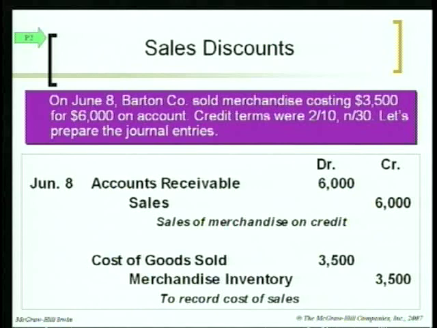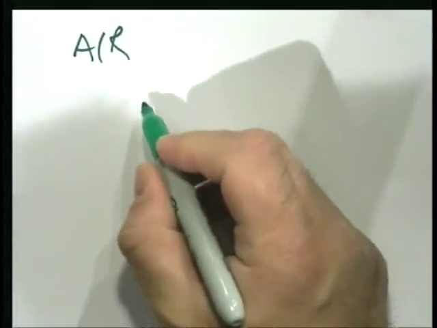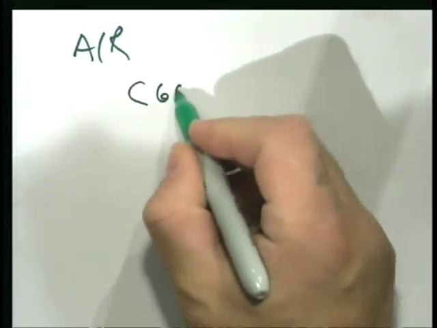Now let me tell you where students make their mistake many times. They know in this situation that there's an accounts receivable and a sales and a cost of goods sold and merchandise inventory, but they get them all mixed up. So they'll write some entry like this: merchandise, accounts receivable, cost of goods sold.